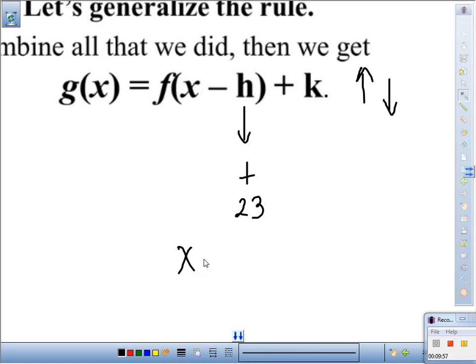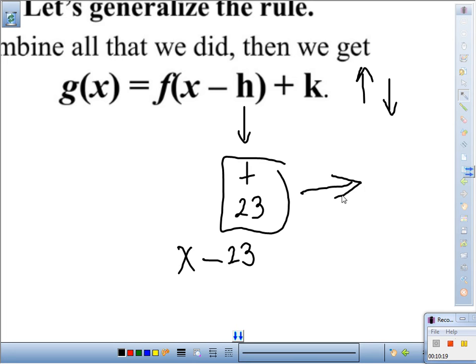It looks like what? x minus 23. So you're like, minus? I thought you substituted 23. Yeah, it's a positive for the h, right? But what part of the formula? The negative stays there. So what kind of number did I substitute? Positive. So when I substitute a positive number, it goes to the right.